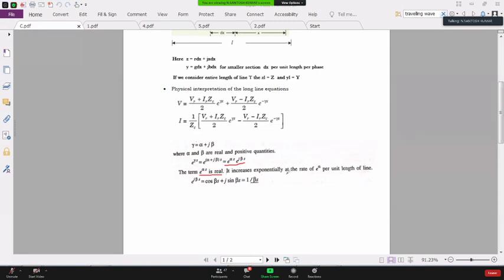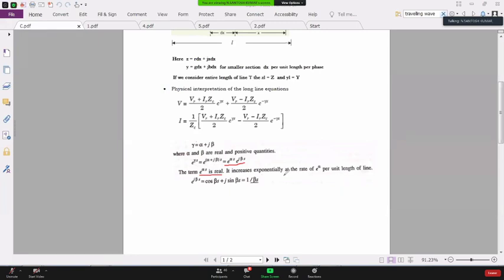And it increases exponentially, because as s is increasing, that is, as your distance is increasing when you move from receiving end to sending end. Please don't get confused here. Always your power will flow from sending end to receiving end.